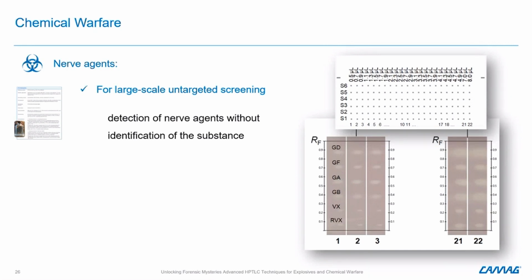You just derivatize with acetylcholinesterase, and you will be able to detect if it's active or not, so if you have the presence of nerve agent or not. Then if you see that there is activity, and thus a presence of nerve agent, you could do the first method to develop and then identify which nerve agents you have here.